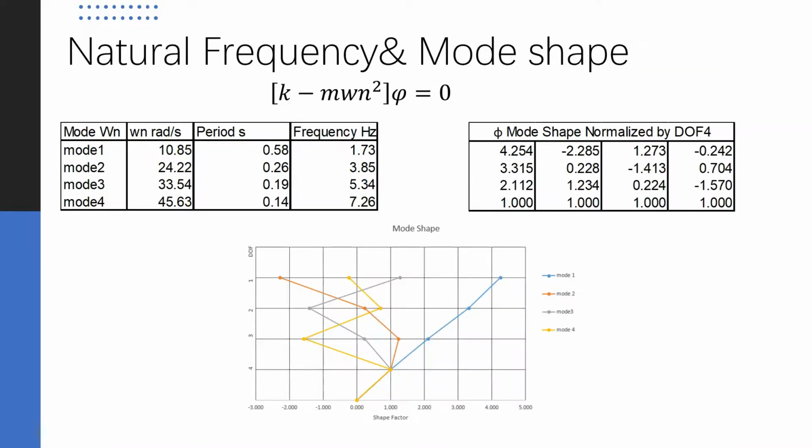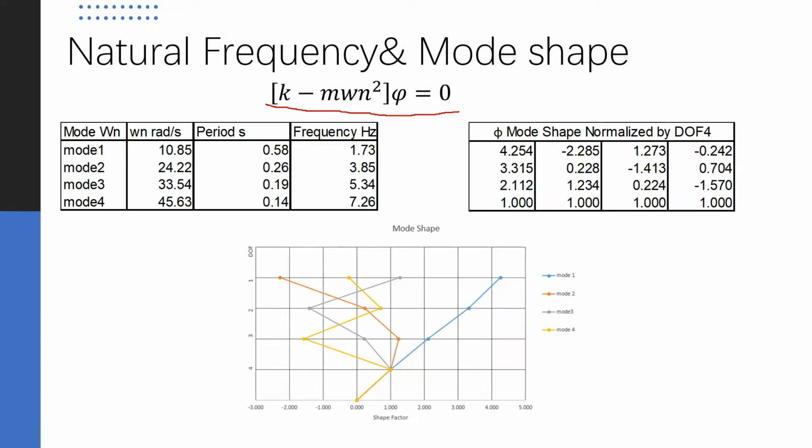Then the next step is to calculate the natural frequency of the building by applying this formula: K minus m times omega n squared times phi equals 0, where K is the stiffness of the system, omega n is the natural frequency we want to find for each mode, and phi is the normalized shape factor for each mode.